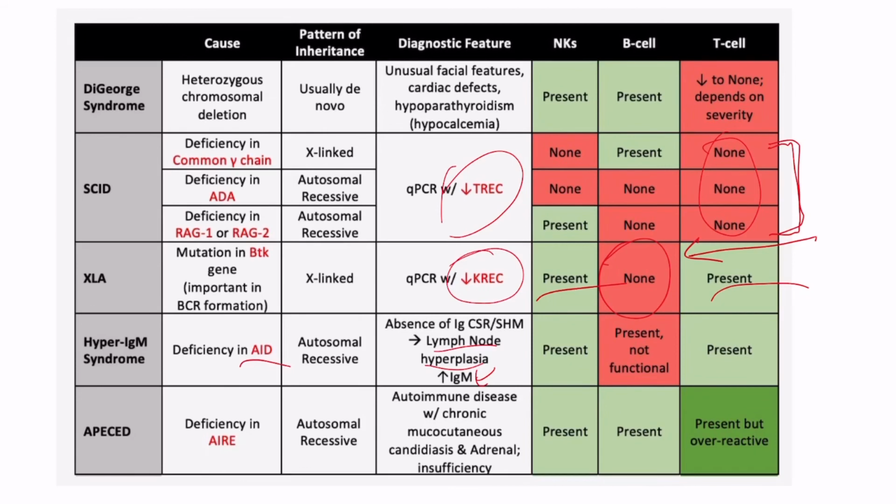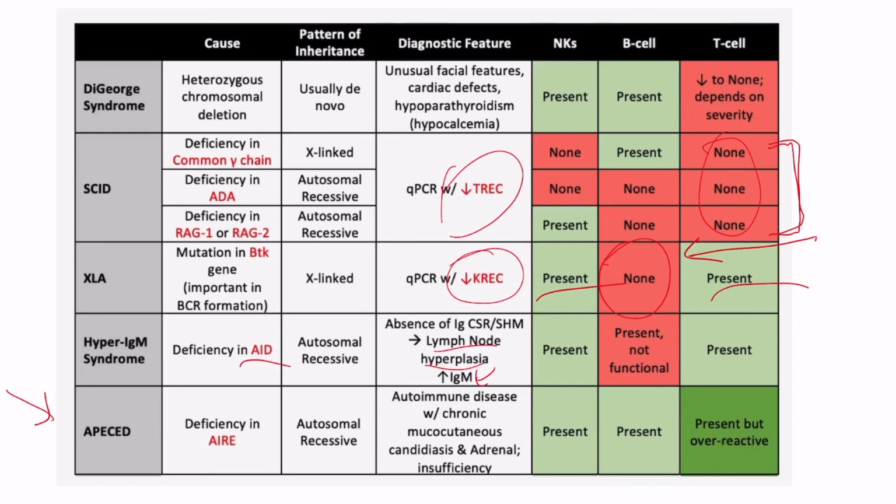The last condition is APECED, but what this stands for is autoimmune polyendocrinopathy candidiasis ectodermal dystrophy. And while that is a mouthful, I actually think it does a pretty good job of helping you understand what that condition is. So it might behoove you to actually memorize what that stands for, at least to a certain extent.